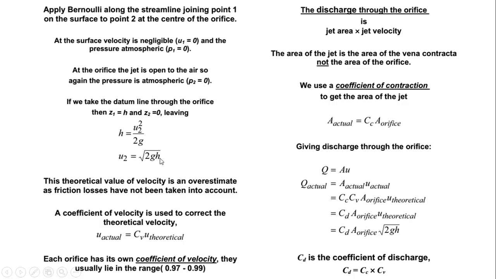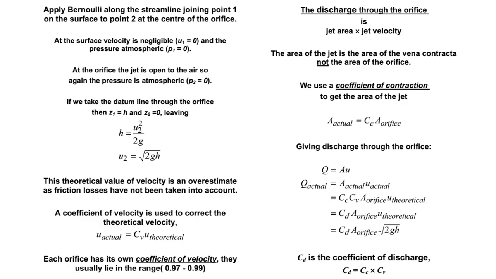Then for us to find the discharge, we have to multiply this by area. Before we calculate the discharge, we need to find what is known as the actual velocity, because at the vena contracta we are going to get some friction losses. So the velocity might not be the actual velocity that we will get.